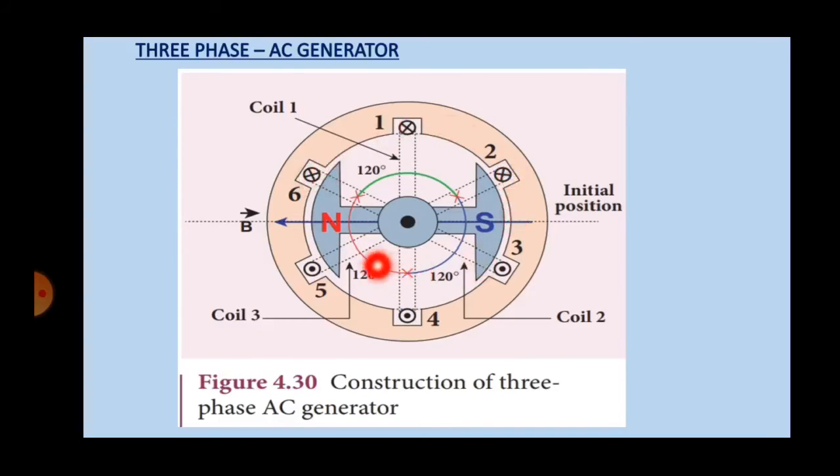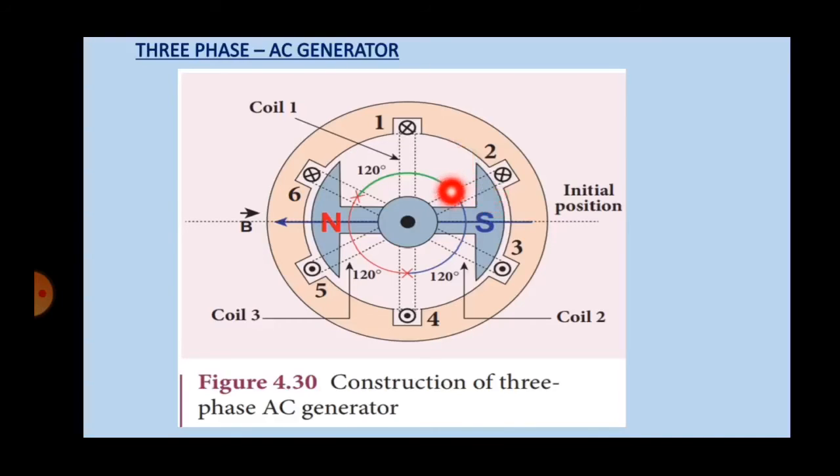So 6 slots are cut inside the stator core. Each slot is 60 degrees away from one another. Now the angle between the first slot and the second slot is 60 degrees.